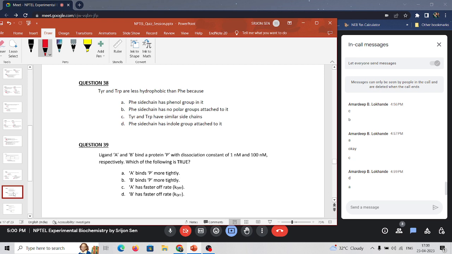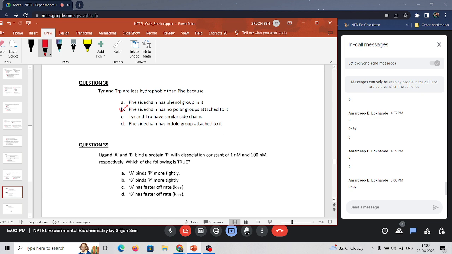A phenylalanine side chain has a phenyl group in it. You need to check the structure. The answer is that the phenyl side chain has no polar groups attached to it. Rather, your tyrosine and tryptophan have. So that is the reason for tyrosine and tryptophan being less hydrophobic. But your phenyl side chain has no polar groups. Because of that, its hydrophobicity is high. You can check the structures.